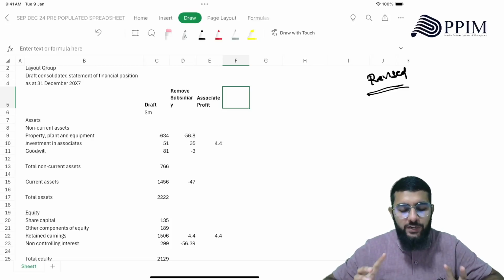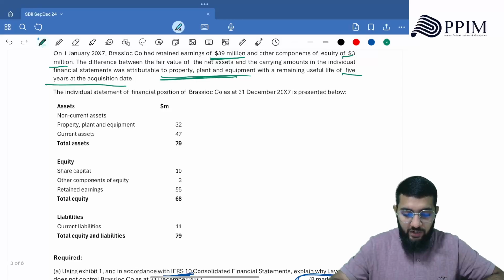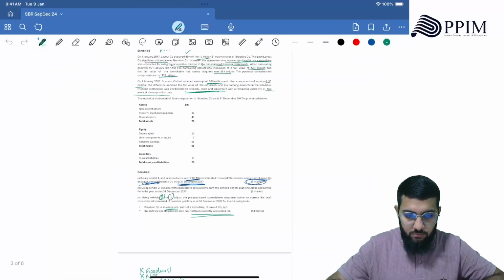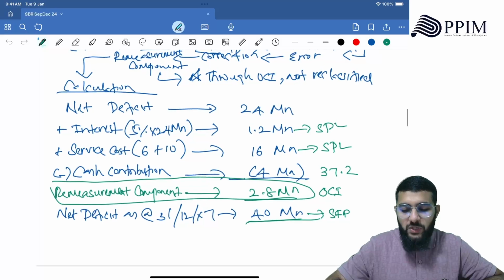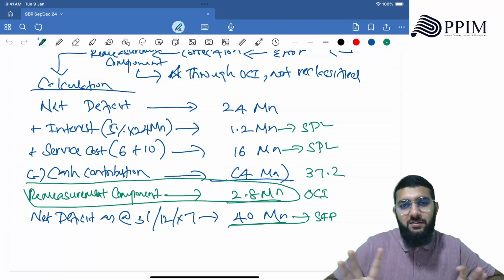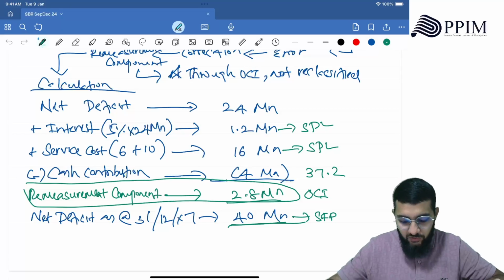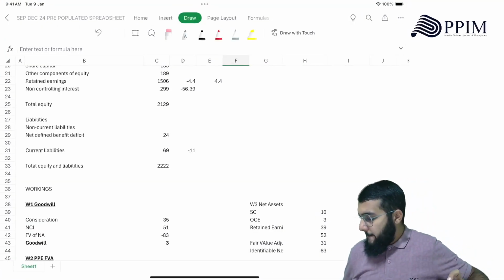Exhibit 2, we have already done the working here. So we exactly know what is going to be the deficit. Deficit is going to be 40 million. We know that, right? Deficit is going to be 40 million.